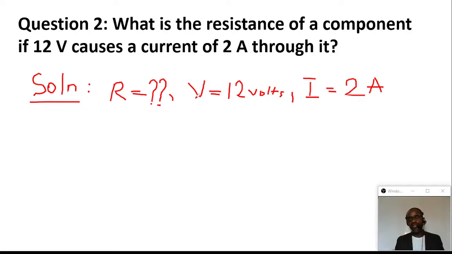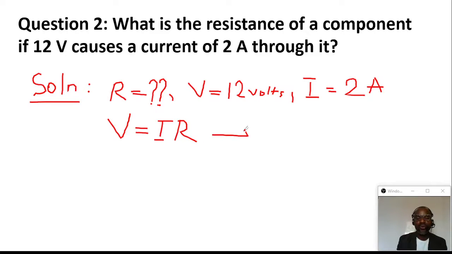Now what we need to do is very simple. Once again, we state the formula, and the formula here, according to Ohm's law, is potential difference V, or voltage V, is equal to I, once again, just like we did in our previous class, and then once again we state R. This is typically what we call Ohm's law.